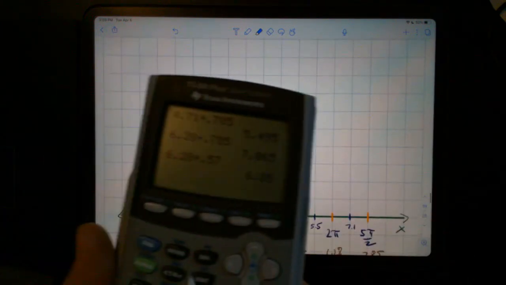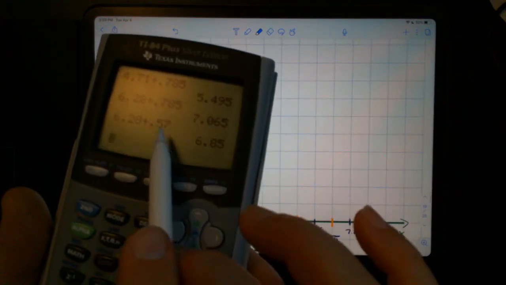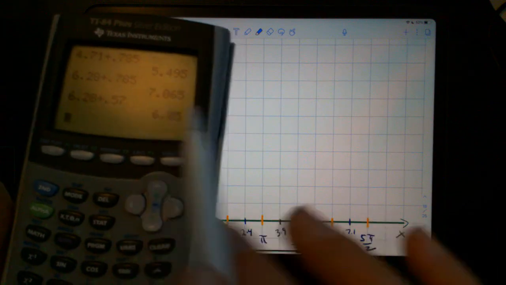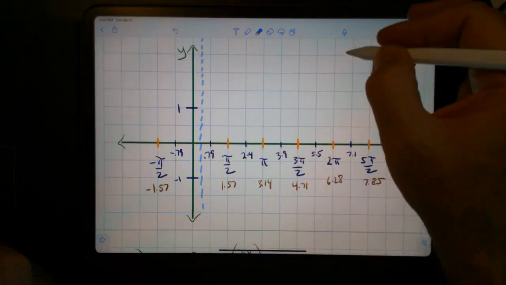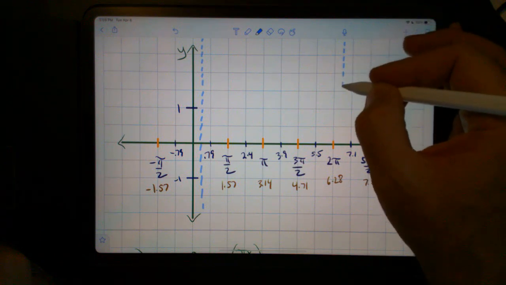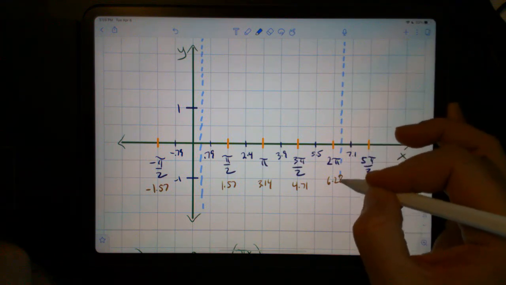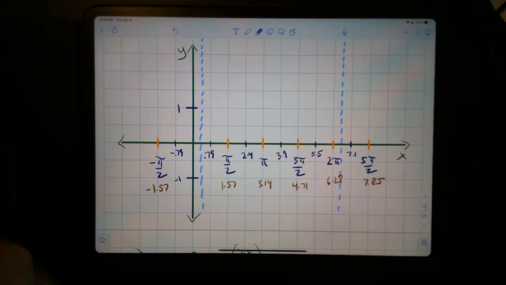So the next asymptote is at 6.85. 6.85 is going to be between these two. And then we need a point halfway in between those two.